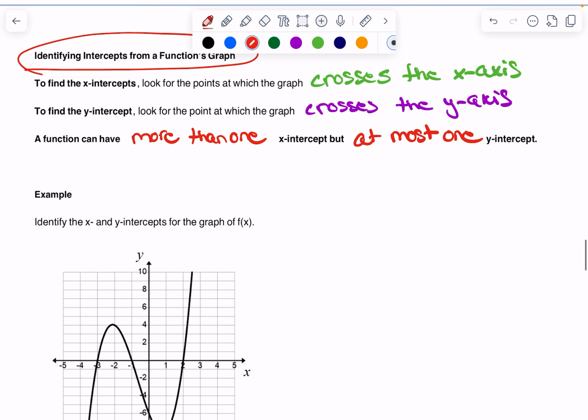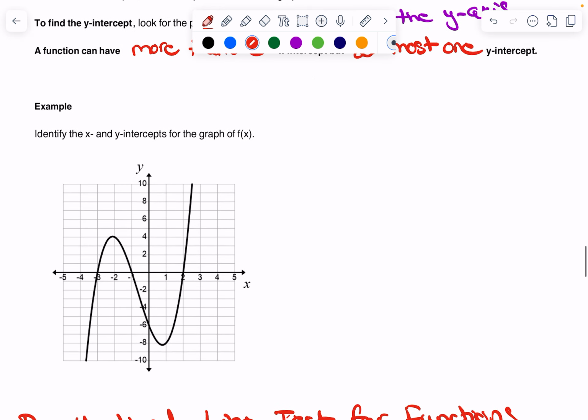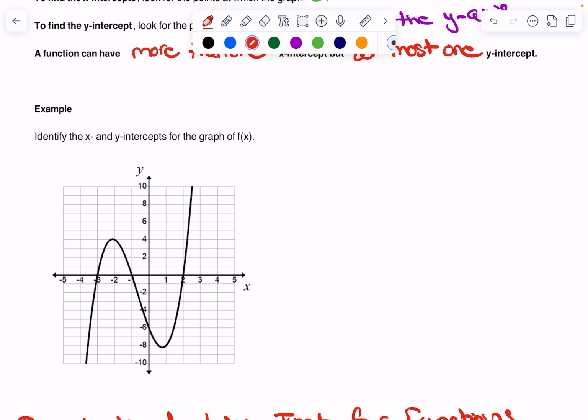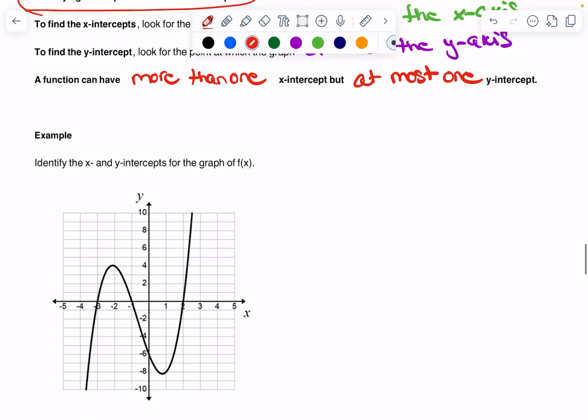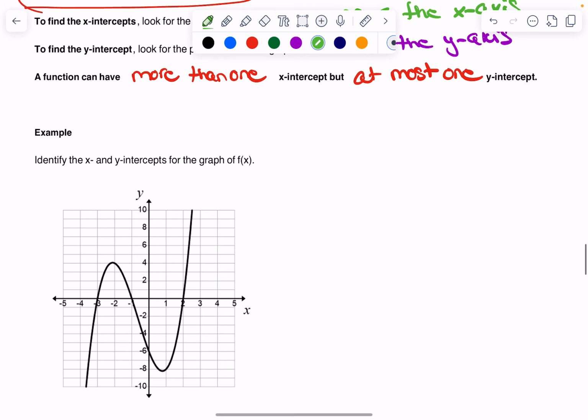Okay, so let's look at identifying the x and y intercepts for the graph of f of x here. So our x-intercepts are right here, -3.